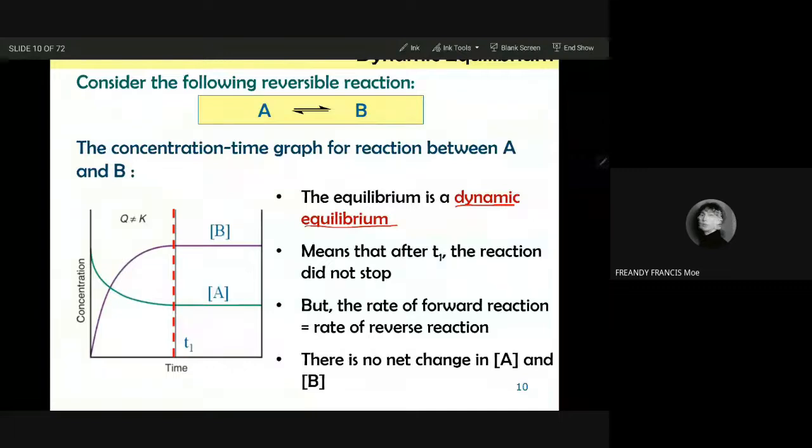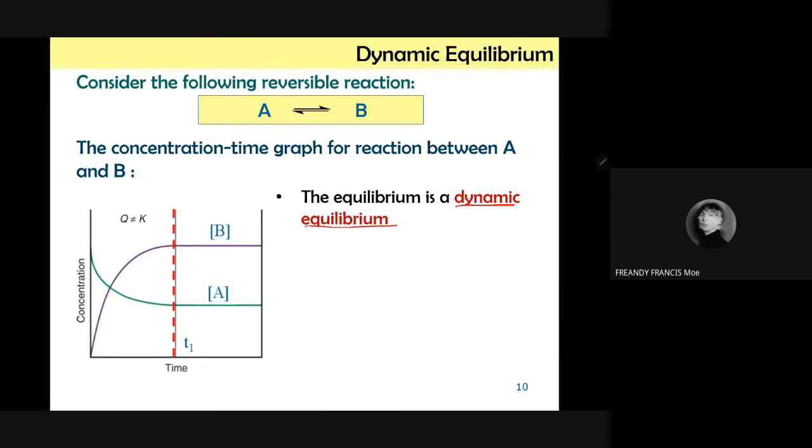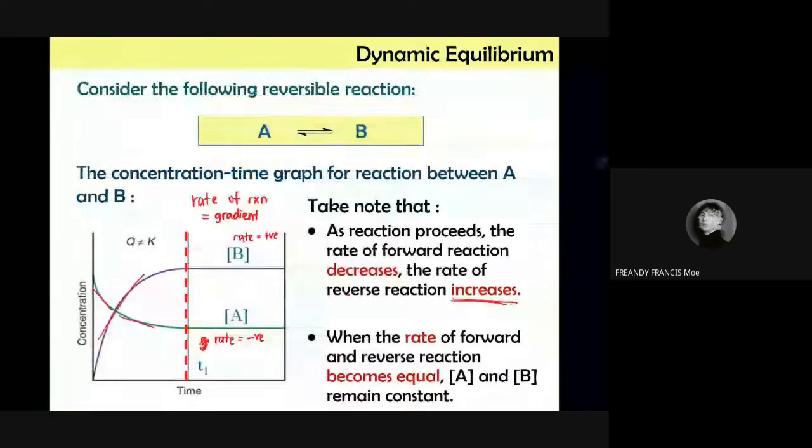Yang S reaction proceed at yang apa tu? Yang mana? Yang previous slide. Yang ini? Iya. Okay, apa yang kamu tak faham? Yang as direction proceed the rate of forward reaction tu.